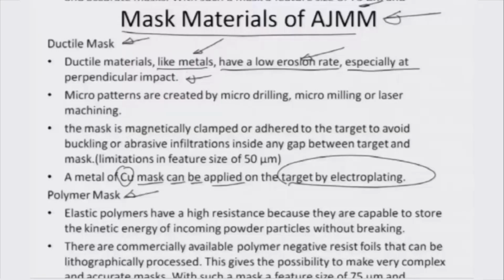It is actually several steps in a hybridized manner conjugated together to achieve that kind of microstructuring of the features. So, here for example, the micro patterns are created by micro drilling, micro milling or laser machining. Okay, so you are using so many other non-conventional techniques. Of course, micro scale drilling and milling are conventional, but even laser machining is used for standalone creation of the micro patterns.